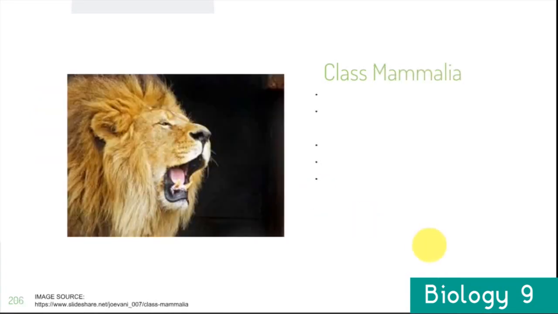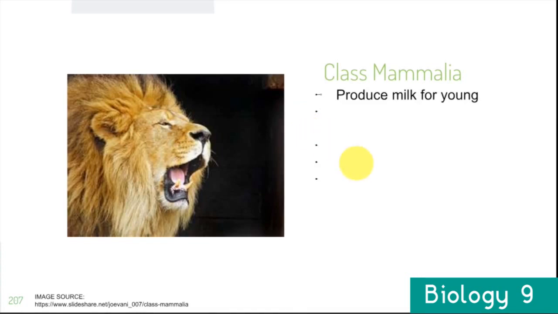Okay? And the last class that we're going to look at here is the mammals. So mammals are, of course, the best known of all animals, and they differ from other chordates in a number of ways. A true mammal produces milk for its young.